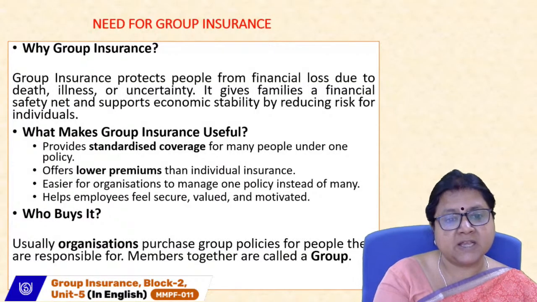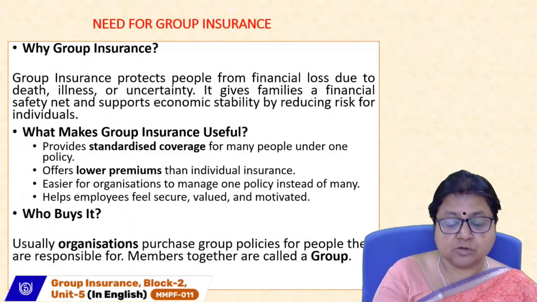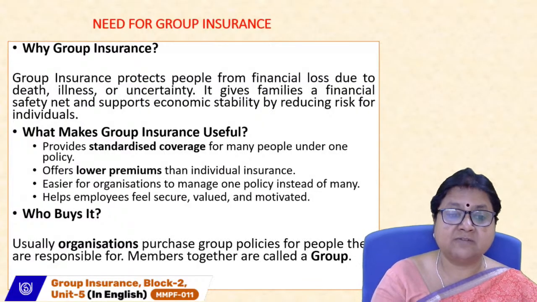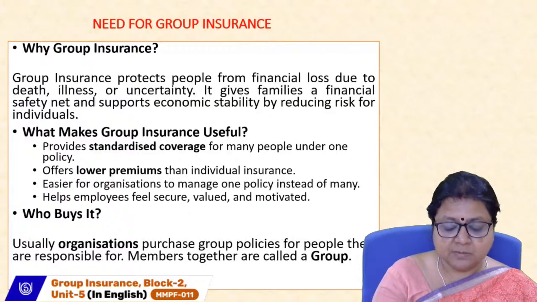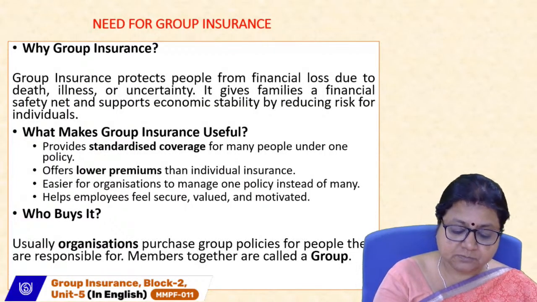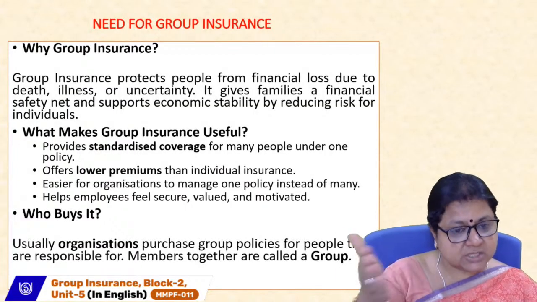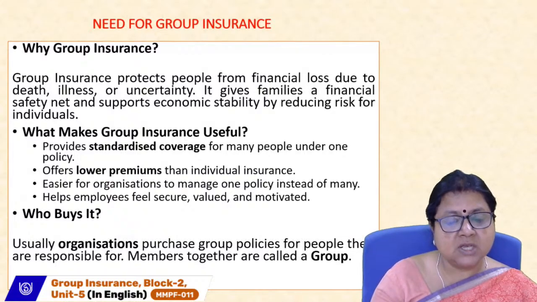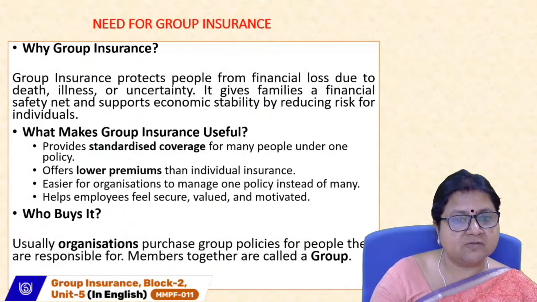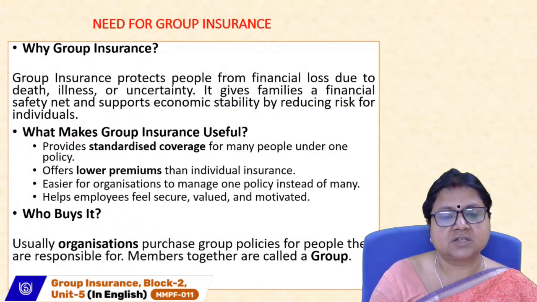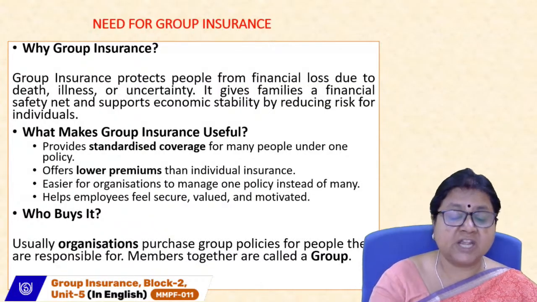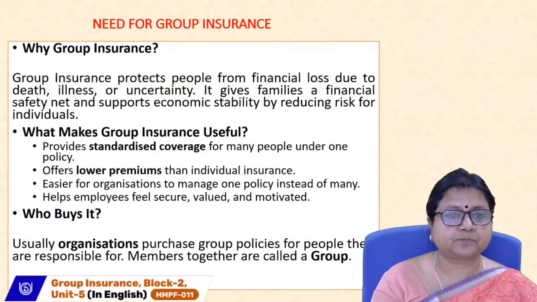The premium is a bit higher, but they also have some sort of health insurance, and the premium goes on changing every year, because it is not only the employee whose age is increasing, but also the dependents. So obviously the premium varies gradually with the change of age.